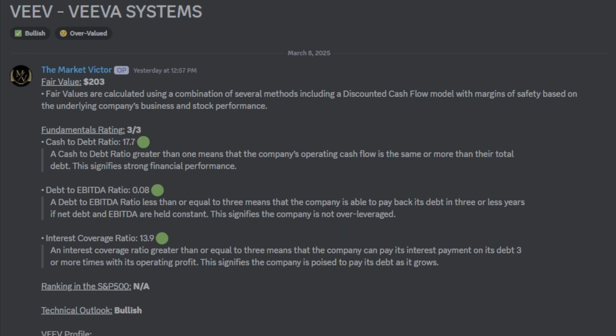And lastly, we have Veeva Systems. Veeva is a medical CRM company. So think of Salesforce with their CRM software for businesses. Veeva basically specializes in the healthcare industry, and they do their healthcare systems.